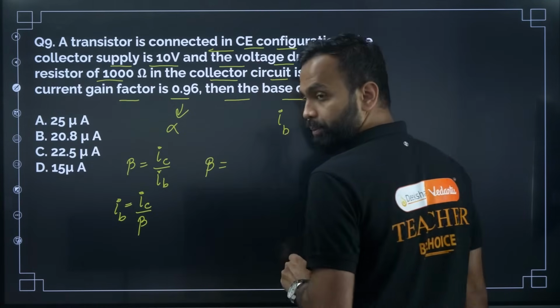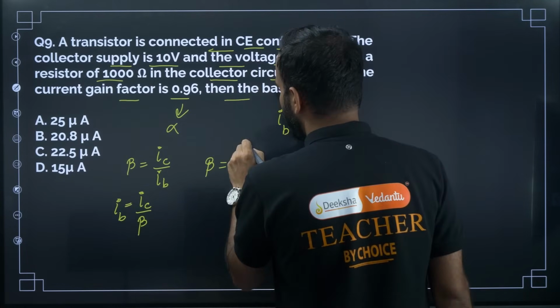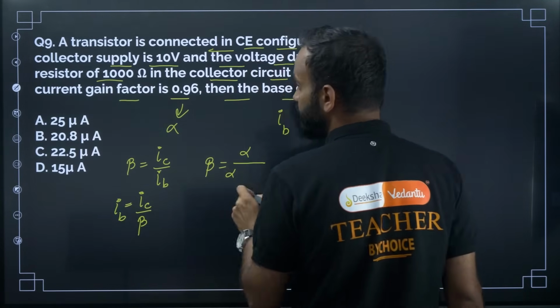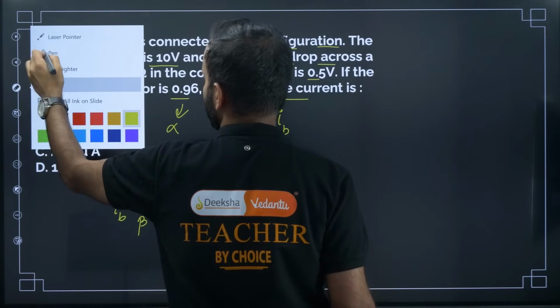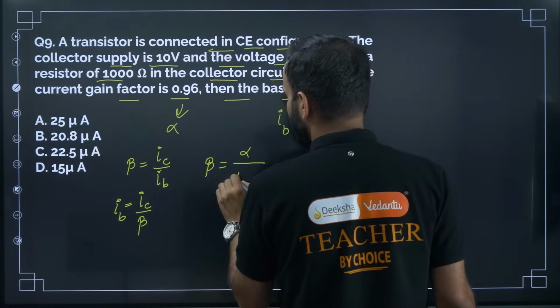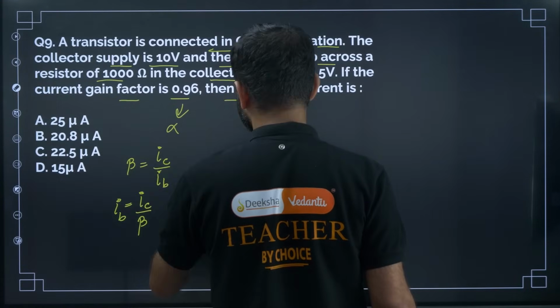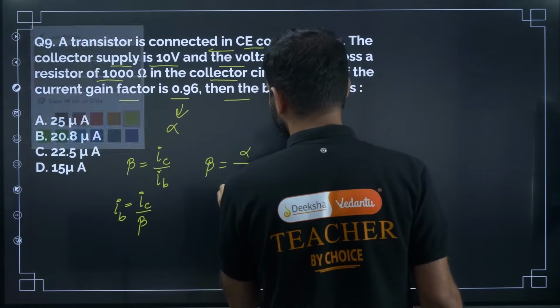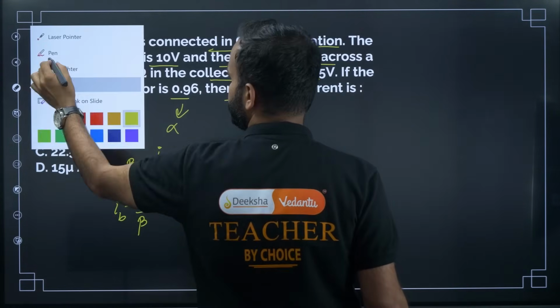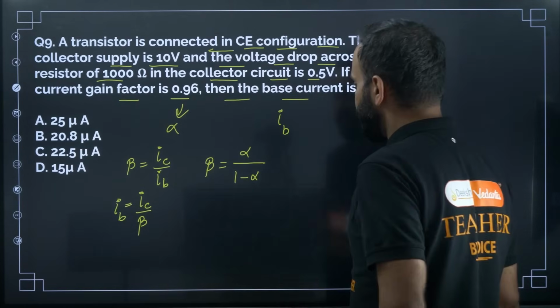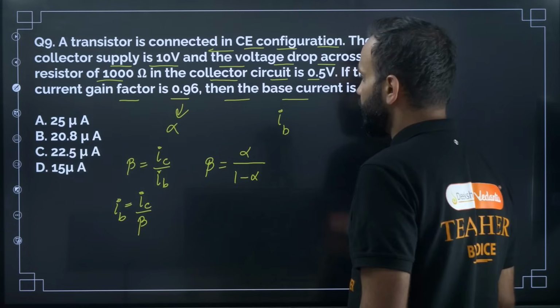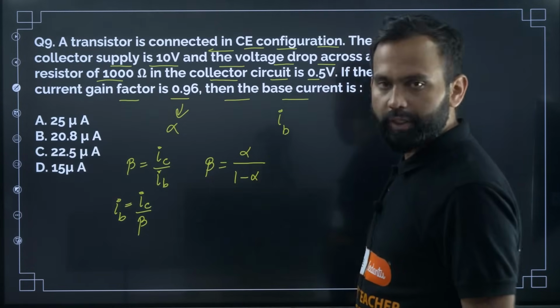Current amplification factor beta is equal to alpha divided by 1 minus alpha. This is beta, the current amplification factor, where alpha is current gain factor, right?